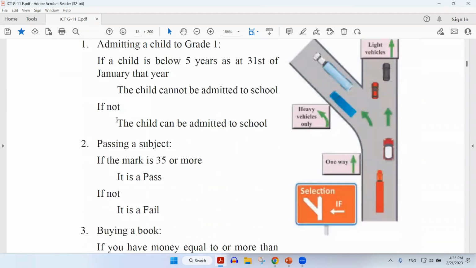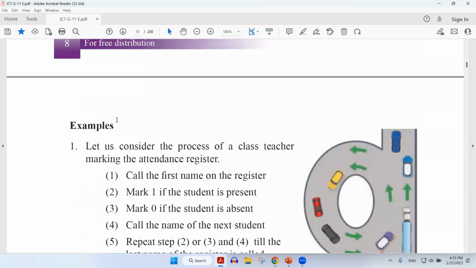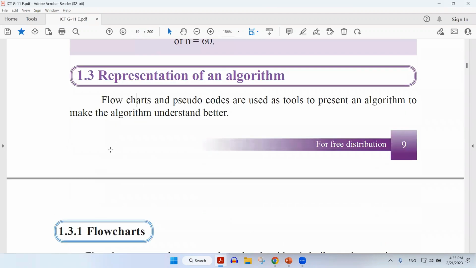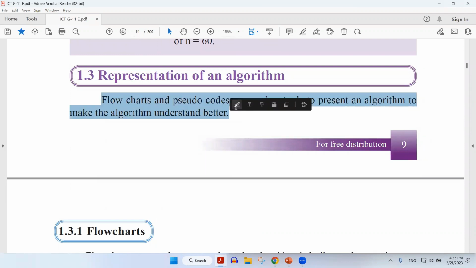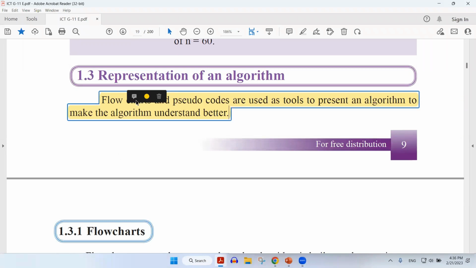Now I need you to write the third point under the same topic. The third point can be represented like this, right? So write this as the third point. It will show what are the ways that we can represent the algorithm, using flowchart and pseudocodes.